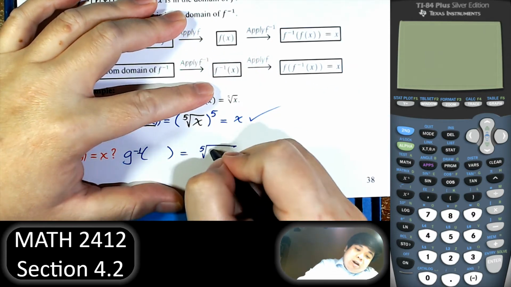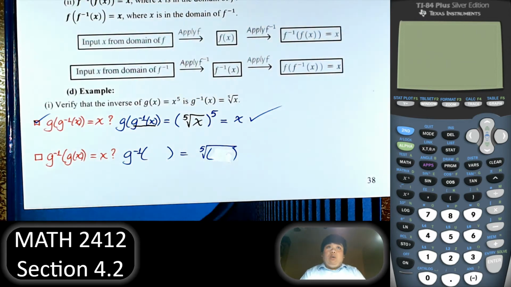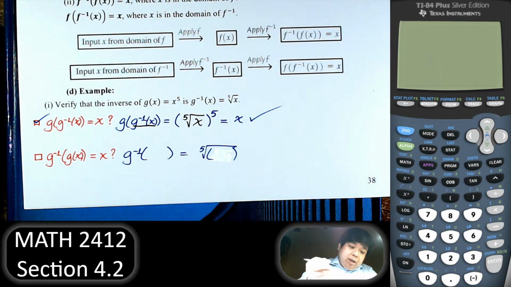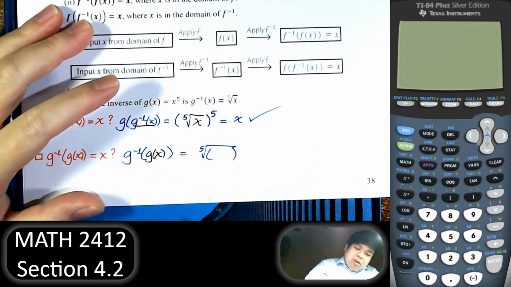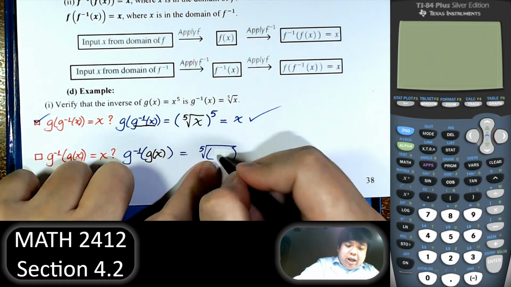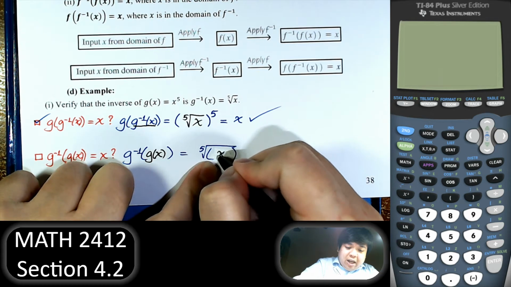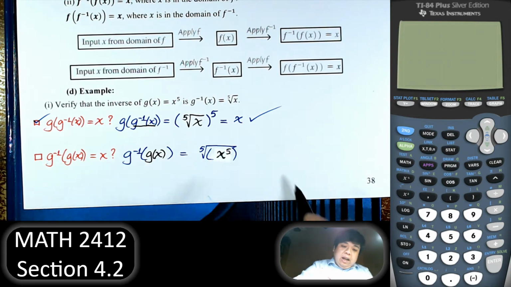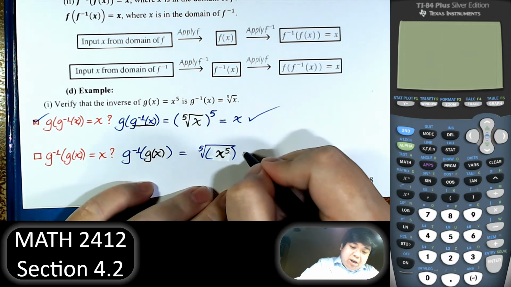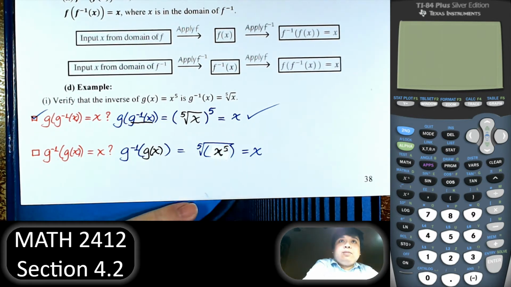Whatever I put in the parentheses must be the same. Now I can put g of x here. And then over here I can put x to the fifth, because x to the fifth is the same thing as g of x. And then they will cancel out and give us back x. So that checks.